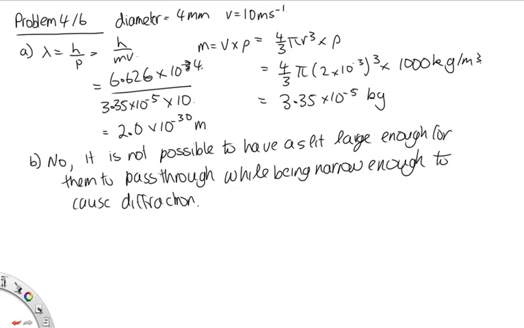Okay, so might be a good idea to just state some numbers. This would have to be greater than 4 millimeters, and this would have to be of around about this order. Okay, so that's how we can answer that one.